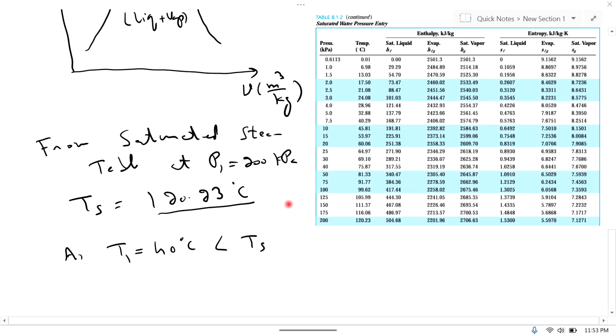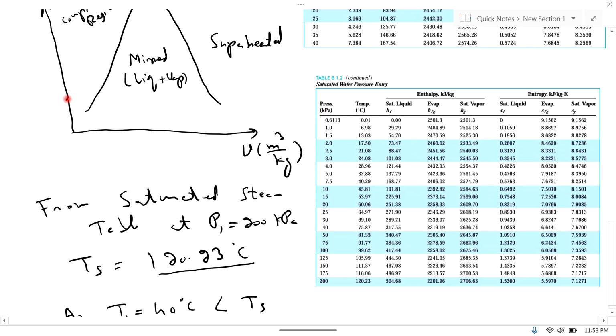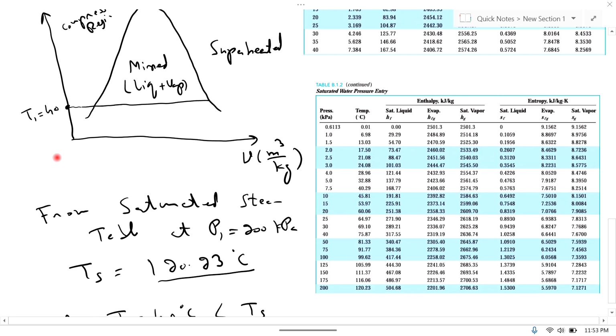Saturation means, let's suppose this is a constant temperature line. T1 is equal to 40, and temperature is in degrees centigrade. So from this point to this point, this is the saturated state, saturation temperature is 120.23 degrees centigrade, but the temperature given to us is 40, less than this value.